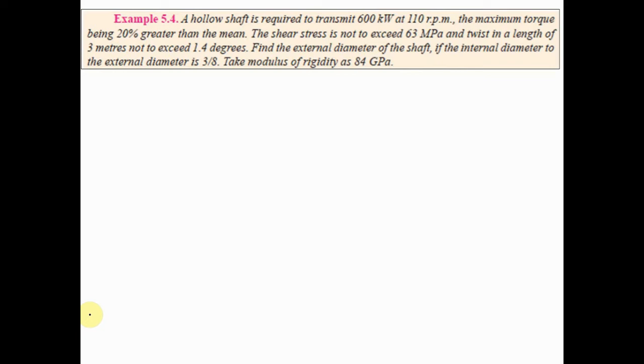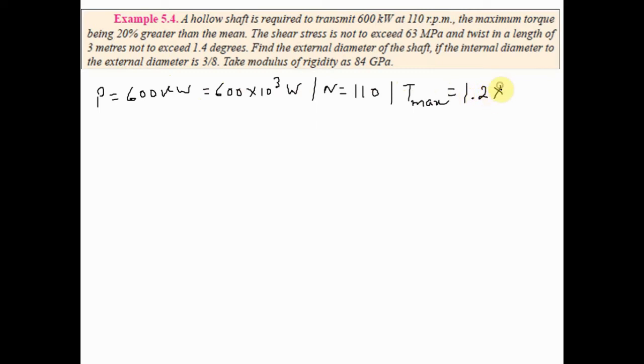Okay, so what is given: again power is given as 600 kilowatts. You can write it as 600 times 10 to the power 3 watts. RPM is given as 110. Maximum torque, so again taking the same nomenclature, T max, is given 20% greater, so it is equal to 1.2 times T mean.